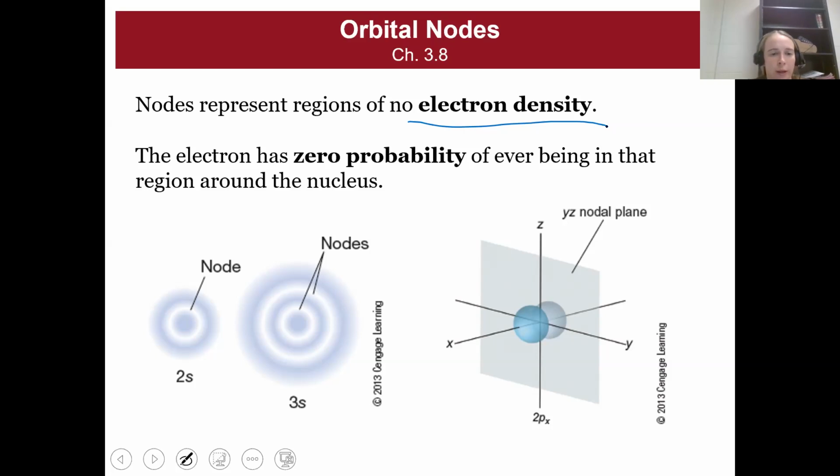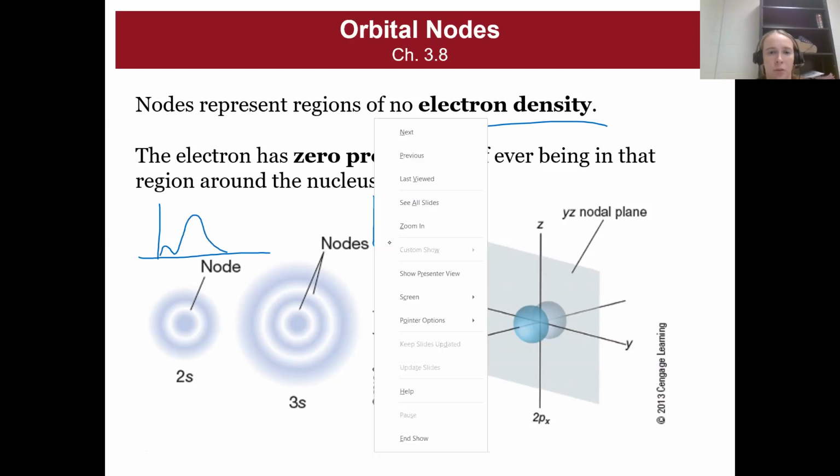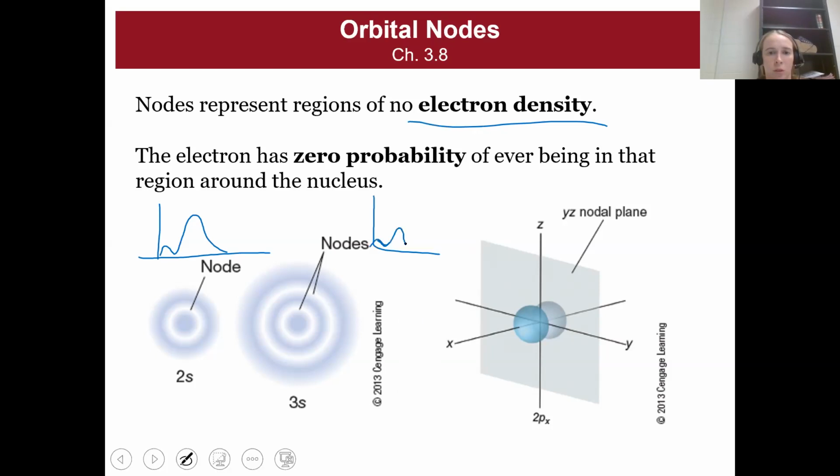So for the 2s orbital that we had, it looked something like this. And the 3s orbital that we had looked something like this. Let me draw my axis a little better. So this white node corresponds to this region where there is no electron density.